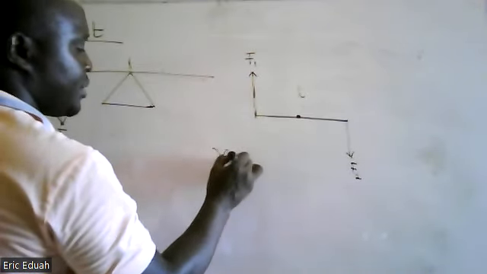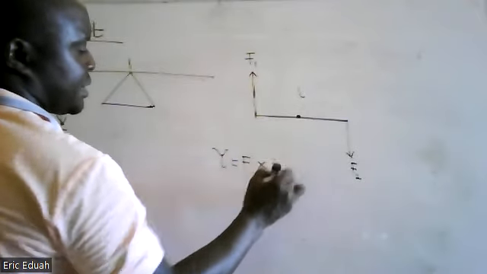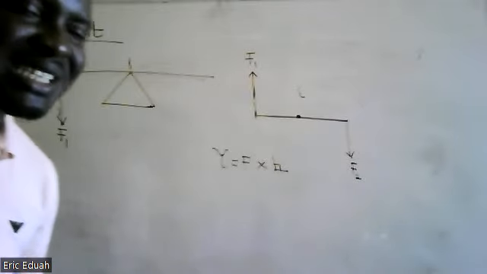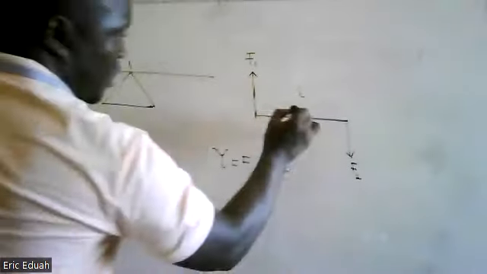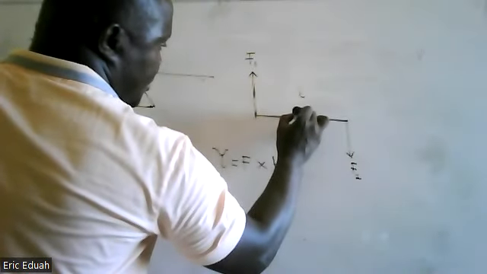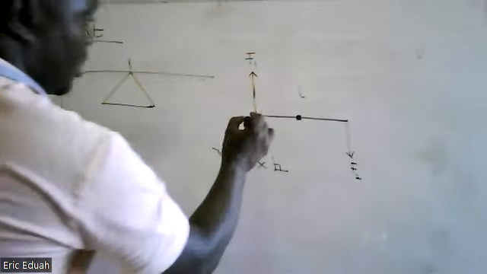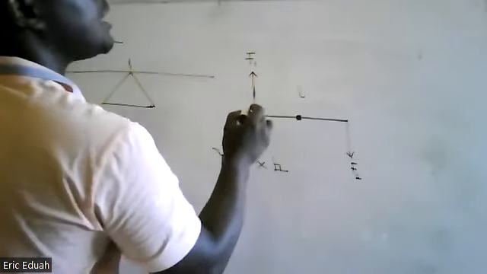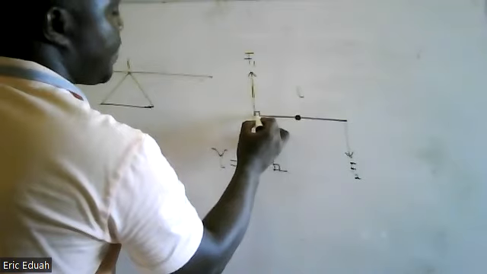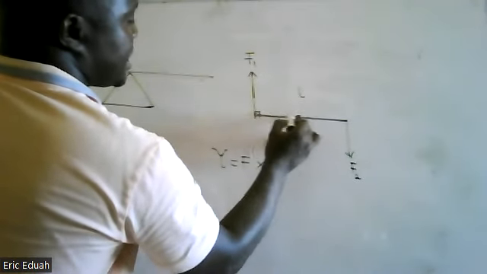Moment is always the product of the force and the perpendicular distance from the pivot. So if this is the pivot, or the center around which the turning takes place, to calculate the torque, it is this force times the perpendicular line the force makes from the pivot, this distance.